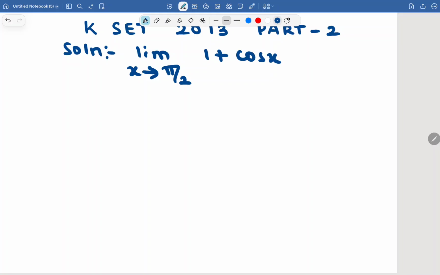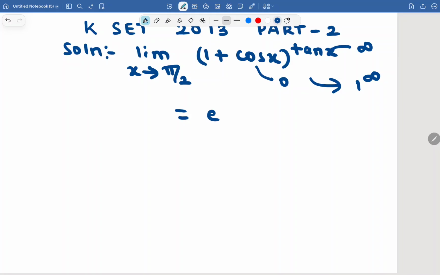Solution: limit x tends to pi by 2 of 1 plus cos x power tan x. If you substitute x equal to pi by 2, this part becomes 0, this part becomes infinity. It is of the form 1 power infinity.